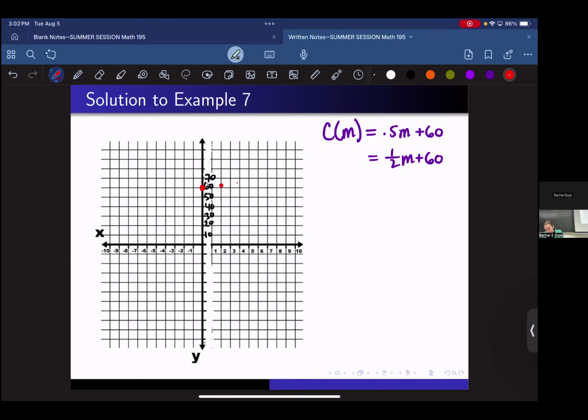Up 1 over 2. Up 1 over 2. It's gonna be going really, really slowly. Right. Kind of like this. And then we're done.